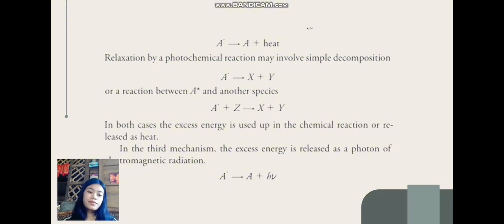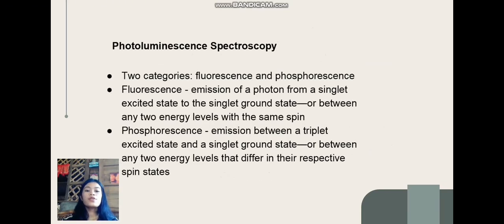Now, the release of a photon following thermal excitation is called emission. And the release of a photon following the absorption of a photon is called photoluminescence. So, let's move on to photoluminescence spectroscopy.